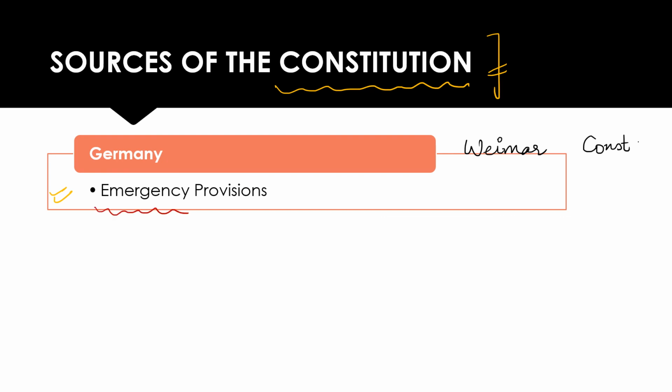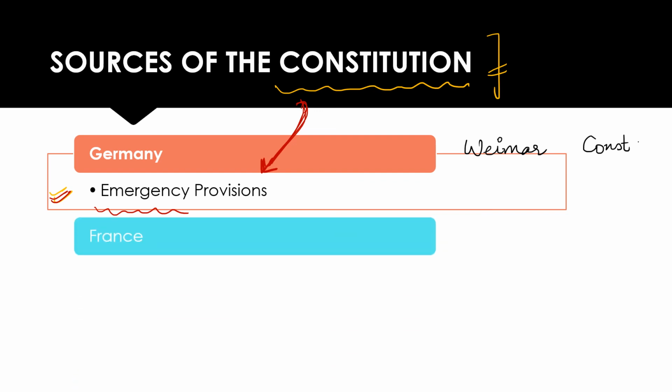You must be aware of the emergency that was declared in India during the 70s, during the prime ministership of Indira Gandhi. So at that point, the emergency provisions were pressed into operation, and that results in a different behavior. So those provisions were inspired by the German constitution.